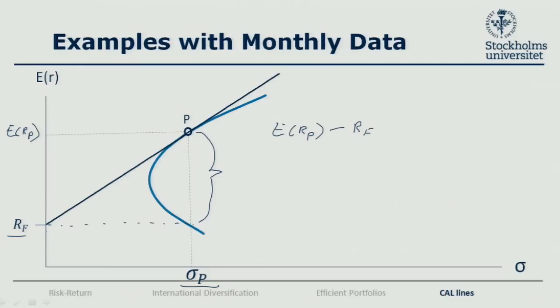And then you should divide it by the change in the x-axis. Now we go from 0 to sigma P, the standard deviation of the portfolio. The difference is just the standard deviation of the portfolio. So the slope is measured like this. And this, you should, or maybe recognize it as the Sharpe ratio.